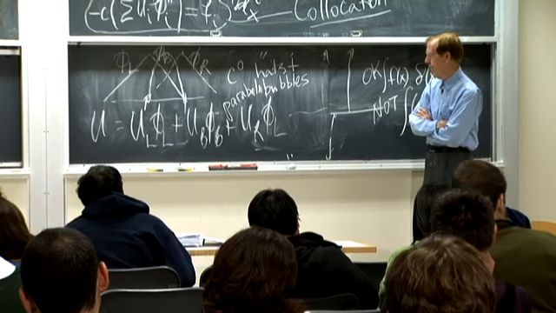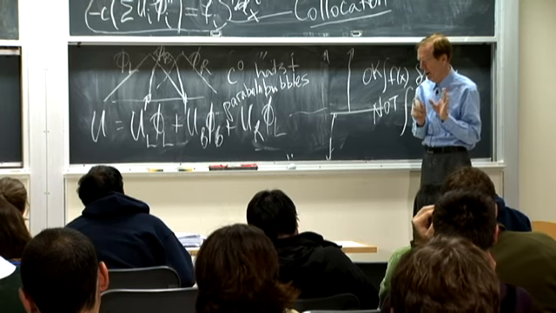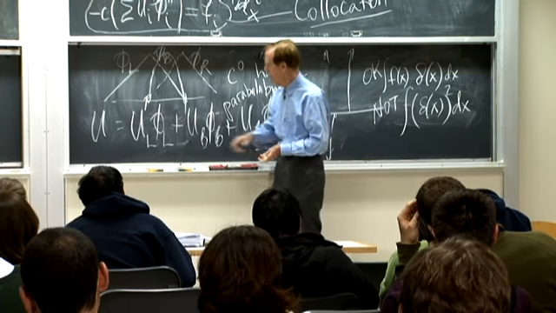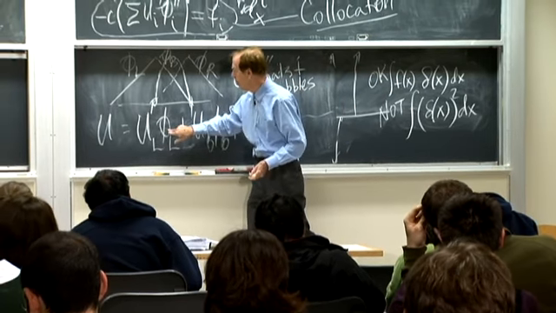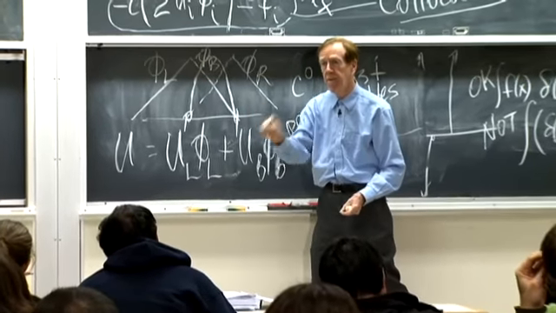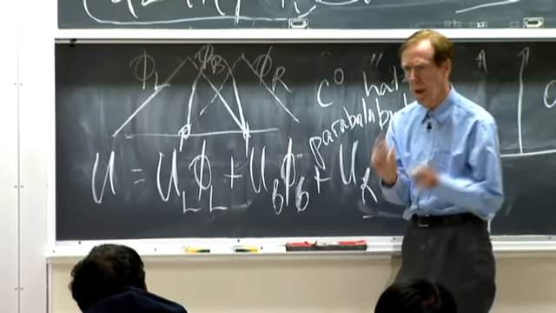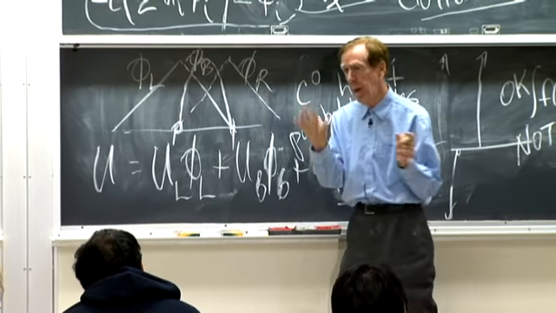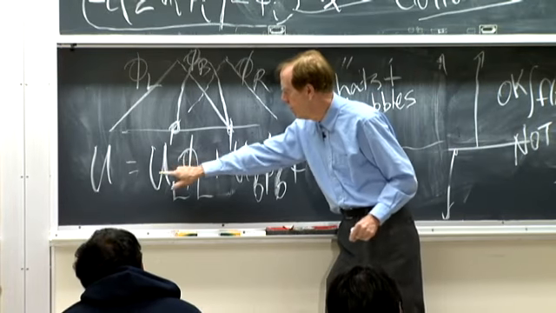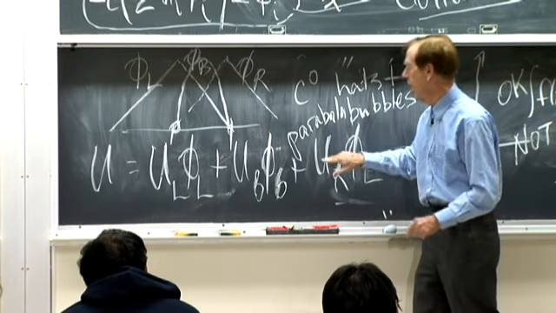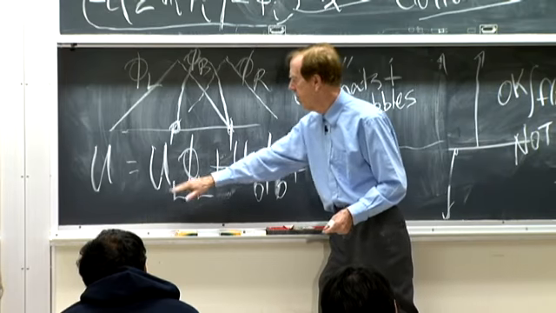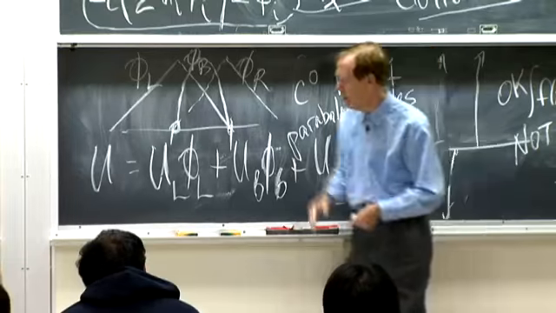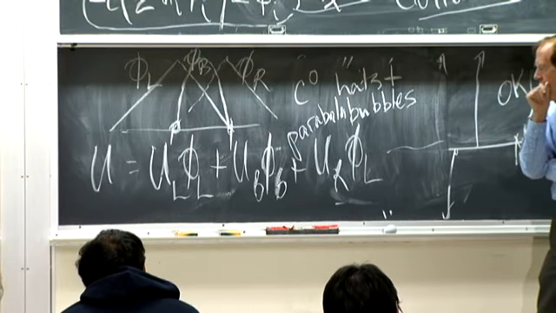Now, my point is just a simple one. When we only had hats, then the coefficient of this hat was exactly the value of u at that mesh point. Why was that? Because all the other hats were 0 there. So when I only had hats, these u's, u left and u right, were exactly the values of my approximation at the nodes. And that's why it looked so much like finite differences.